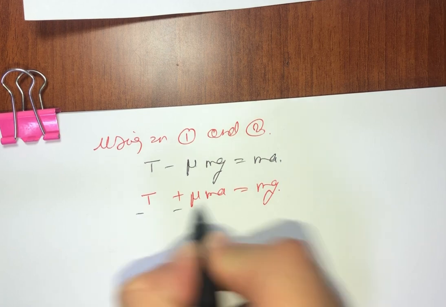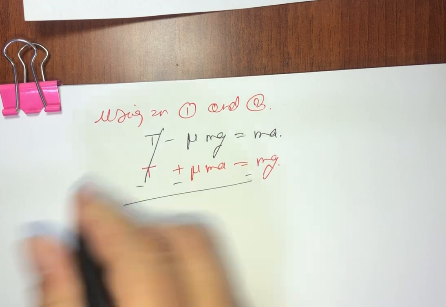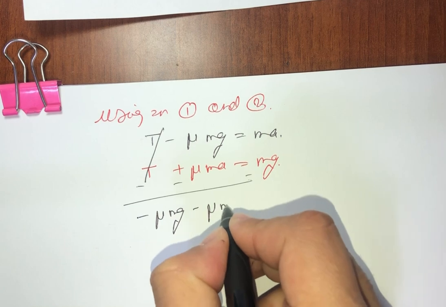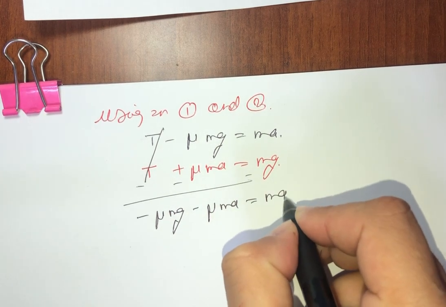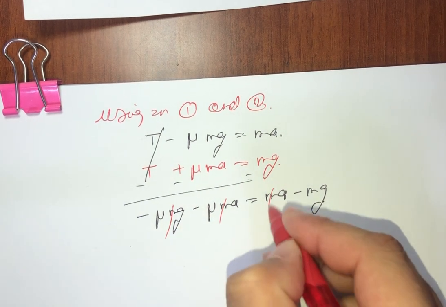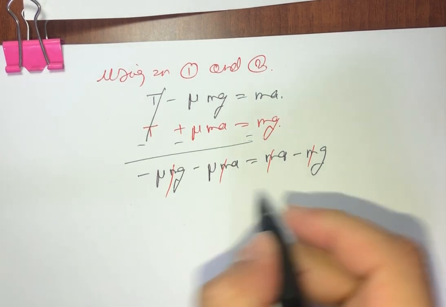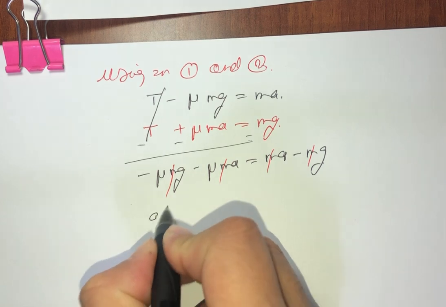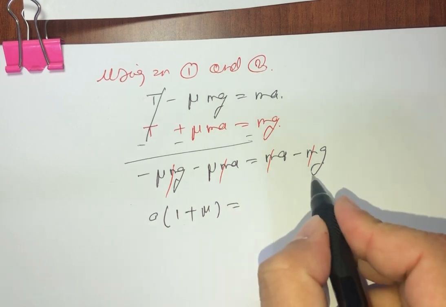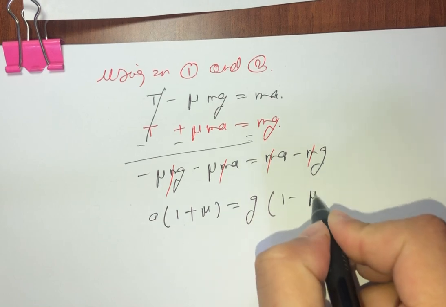We subtract them, T cancels out, we get this as mu mg minus mu ma is equal to ma minus mg. m cancels out, and we can write this equation as a times 1 plus mu is equal to g times 1 minus mu.